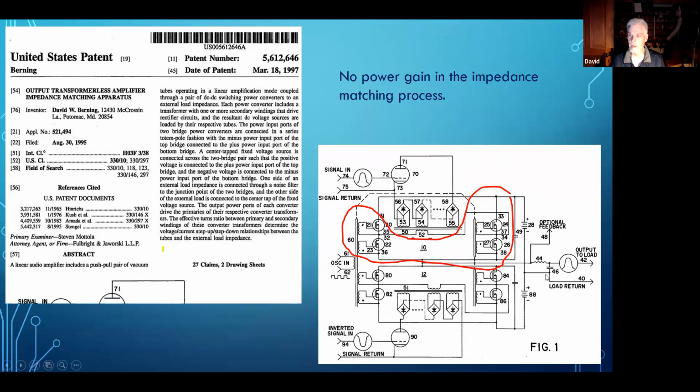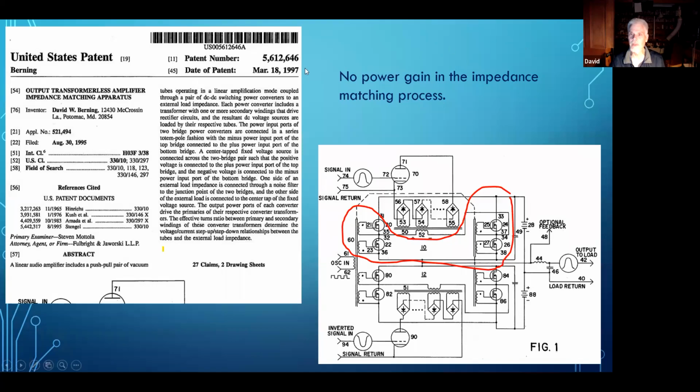And the center is coupled to the return. The center cap of the power transformer is coupled to the load return. And then these 2 are joined in series, and that series connection is your output to your speaker through a noise filter, which is optional. But I always use it, but you wouldn't have to.